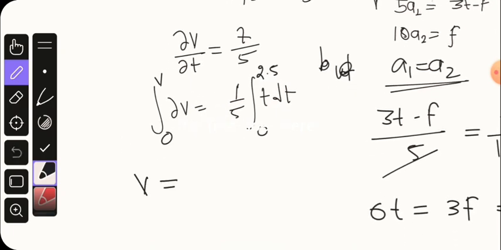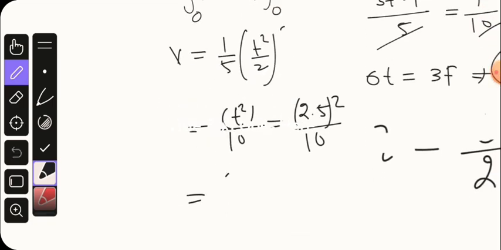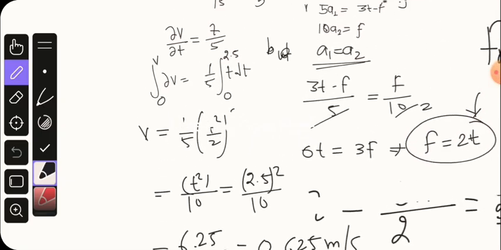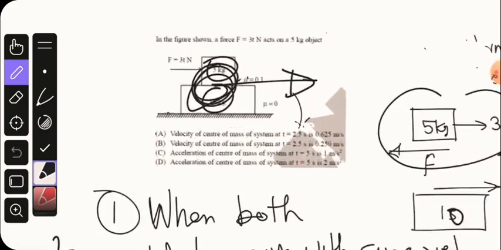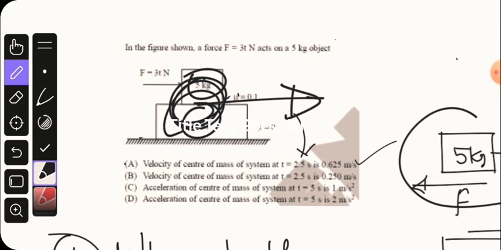Then we will get v equal to 1 by 5 times t squared by 2, which is t squared divided by 10, and when t is equal to 2.5, it is 2.5 squared divided by 10. If you square 2.5 you will get 6.25 by 10. This is equal to 0.625 meter per second. Okay, so the correct option will be 0.625, right?